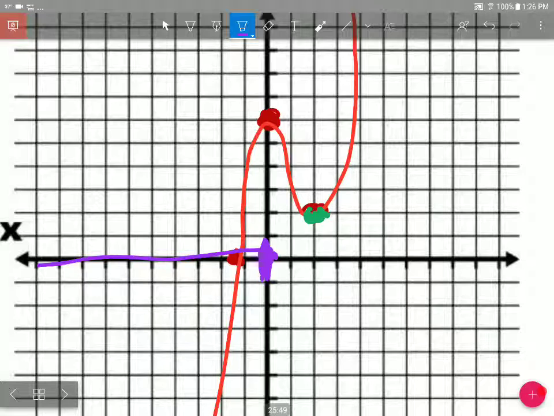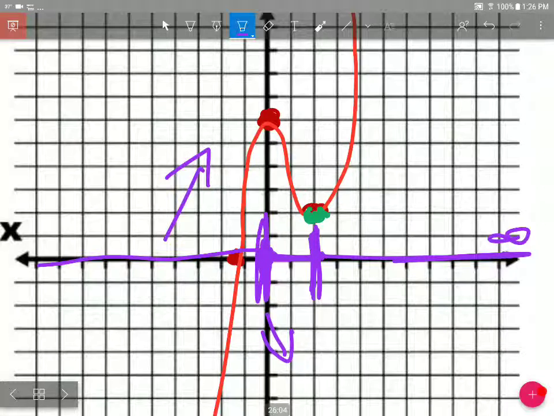From negative infinity to that point, it stops going up. From here to that point, it's going where? Up or down? Down. So that range is going down from 0 to 2. And from here to infinity, which way is it going, up or down? Up. The graph is going up. All right, that's what it's asking you for, is where is it going up and down?